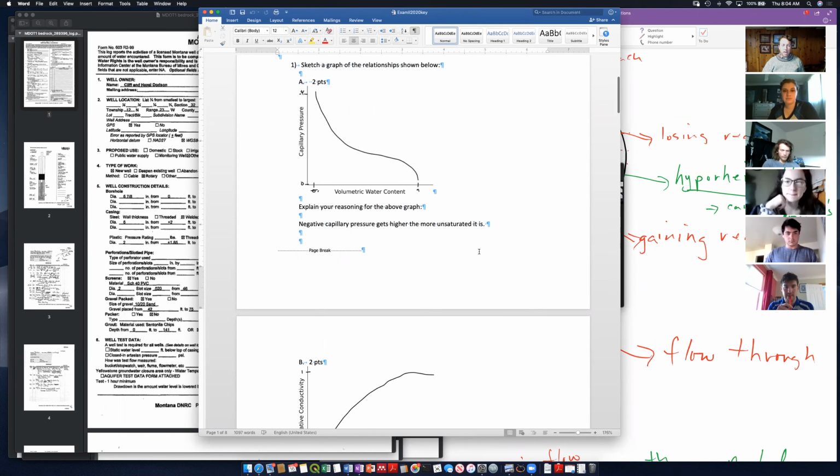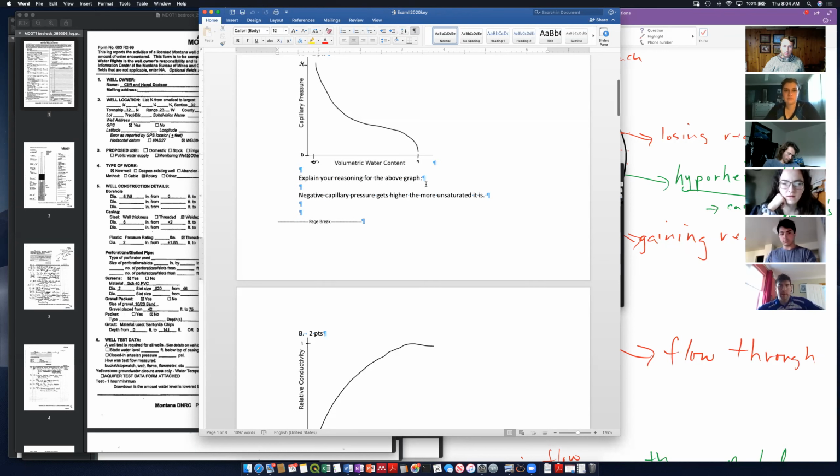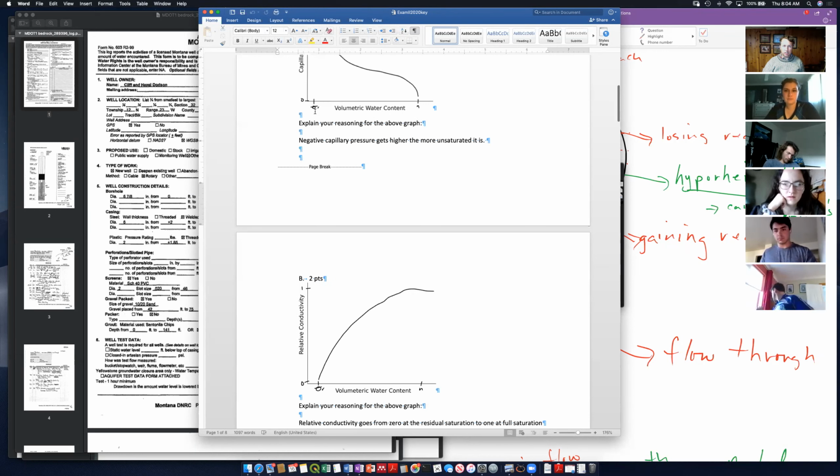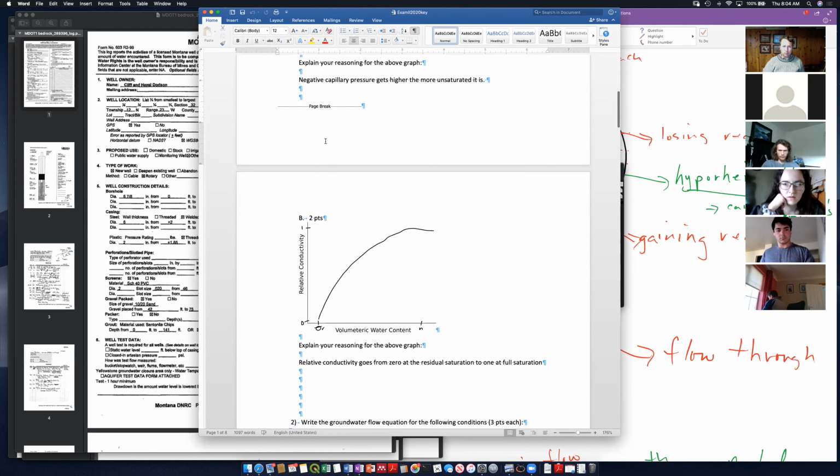Just remember that capillary pressure becomes negative as we go down from porosity to the volumetric saturation, or sorry, to the residual saturation. Everyone did pretty well on that one.